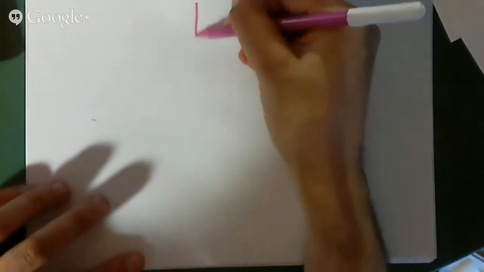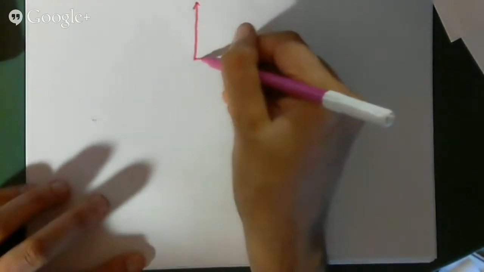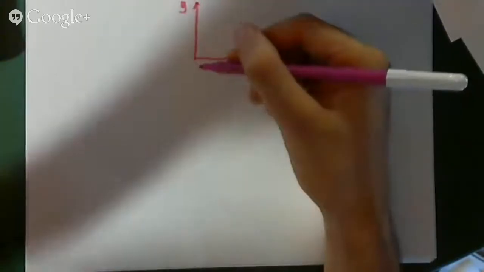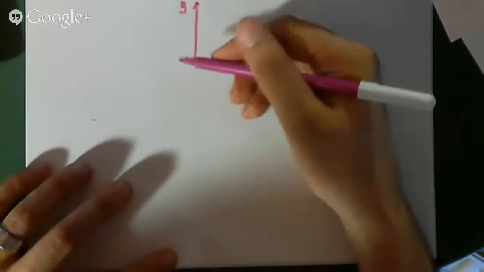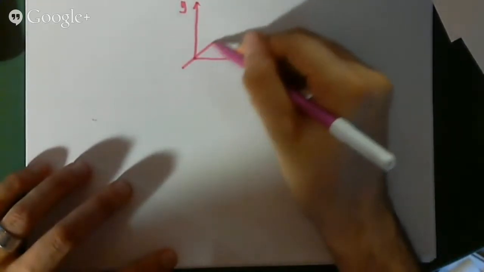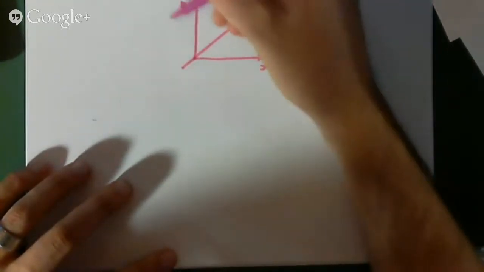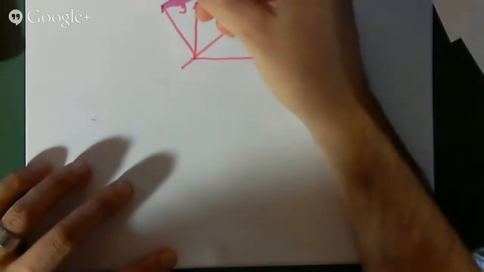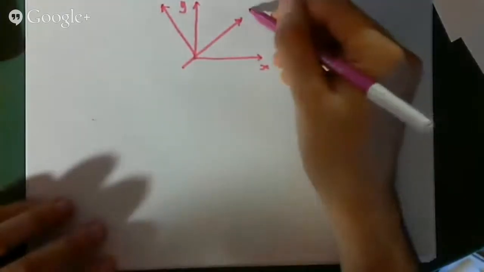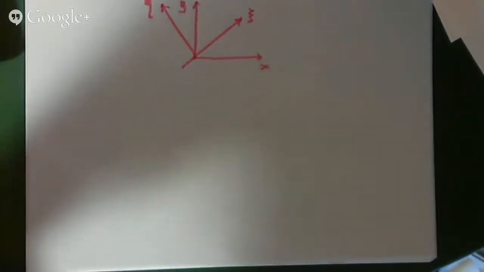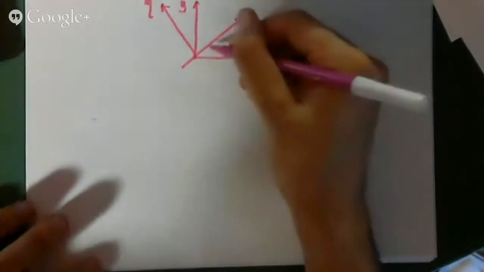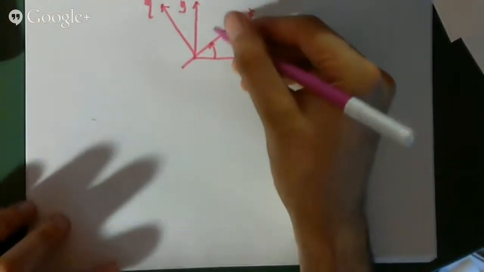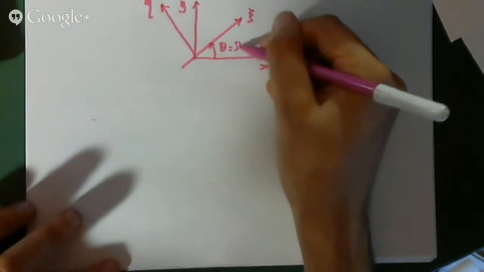So we have the non-rotating reference frame X, Y, and the rotating reference frame zeta, nu. And the angle is theta equal to omega t.